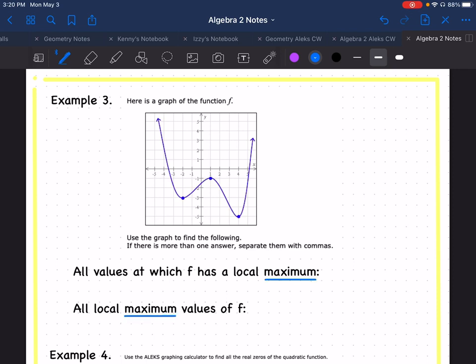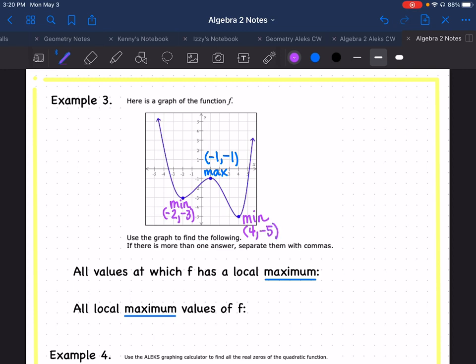So if I look here, this would be my max, and it would be at the ordered pair -1, -1. You could be asked about a minimum. There's a minimum at the ordered pair -2, -3. This would also be considered a minimum, and it would be at the ordered pair 4, -5.